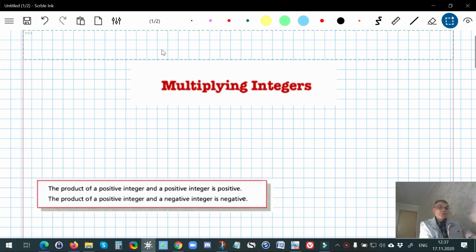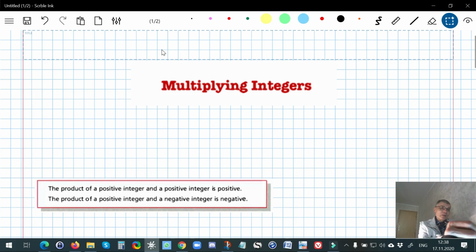In the third grade, or maybe in the fourth grade, maybe even in the second grade, we learned how to multiply just positive numbers. 5 multiplied by 3 is 15.